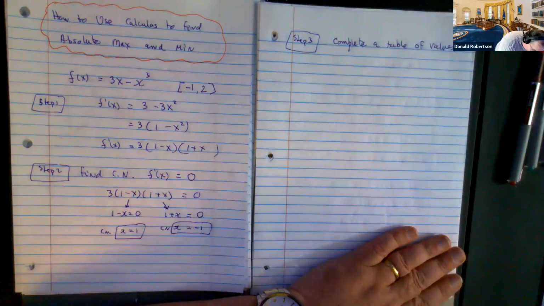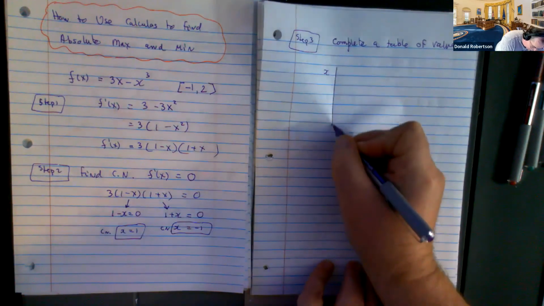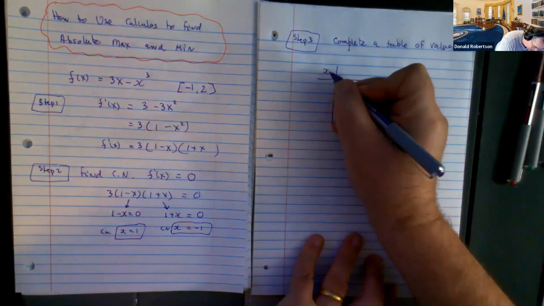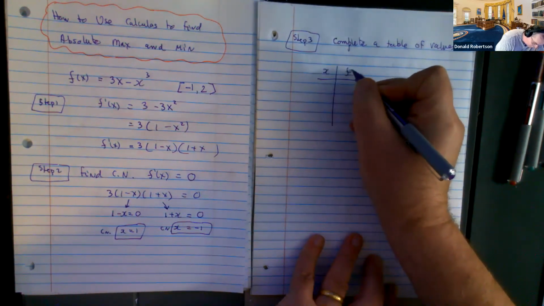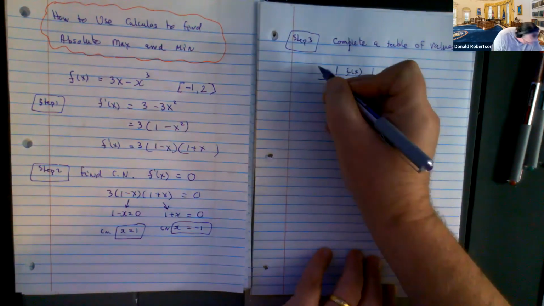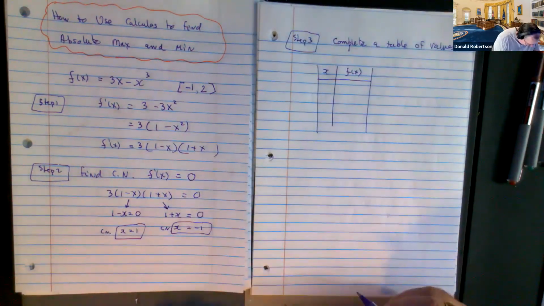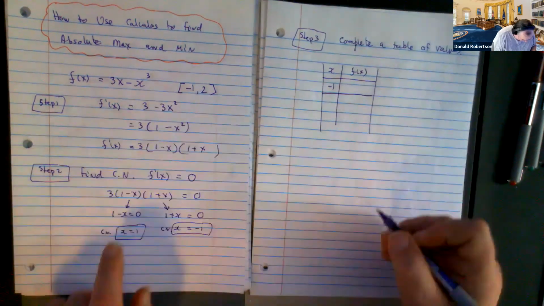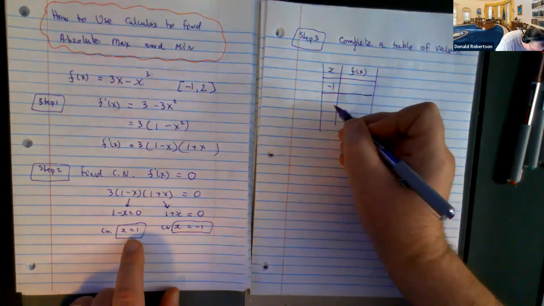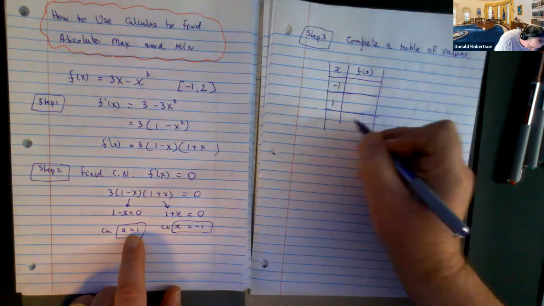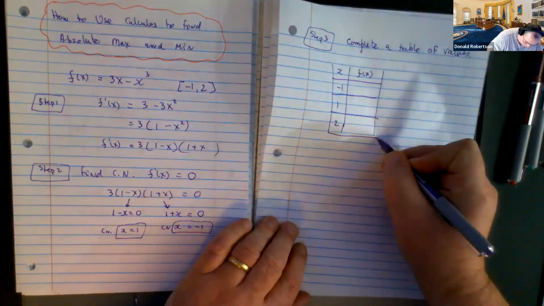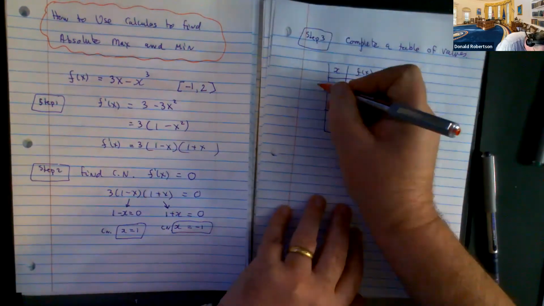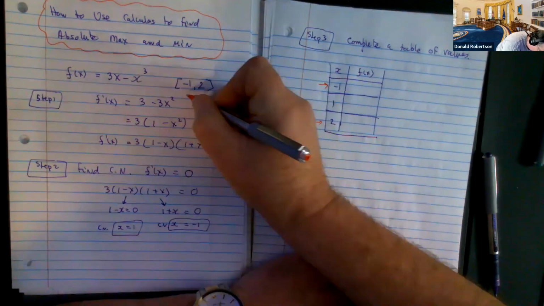Now, in this table, we put in the x coordinate and we find what the f of x is, the y coordinate. And what are the numbers we've got? Well, we've got -1, oh, already there. We've got a 1, and we've got a 2. So your table will always start and finish with these two numbers.